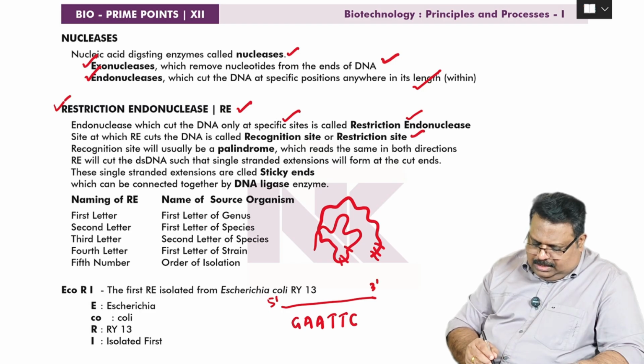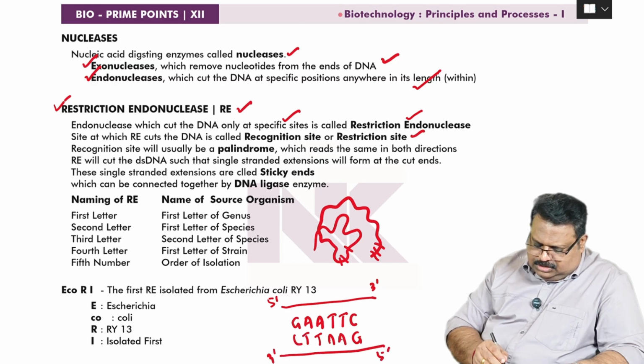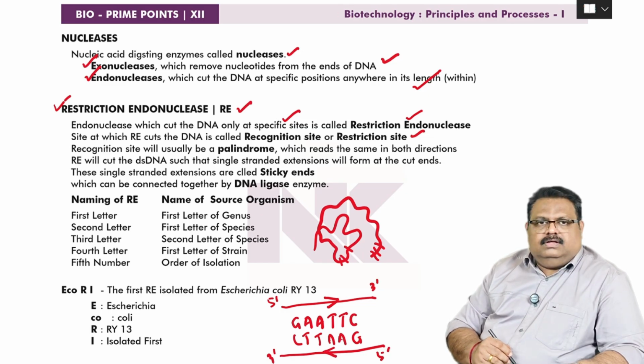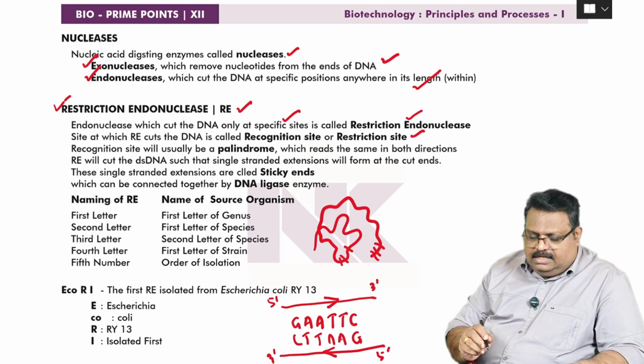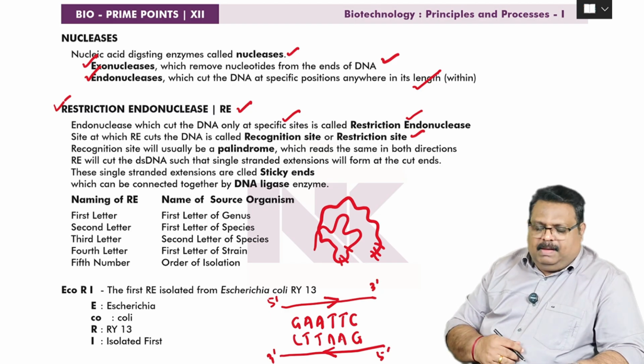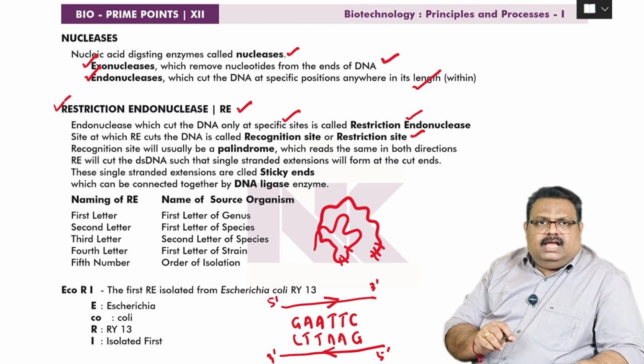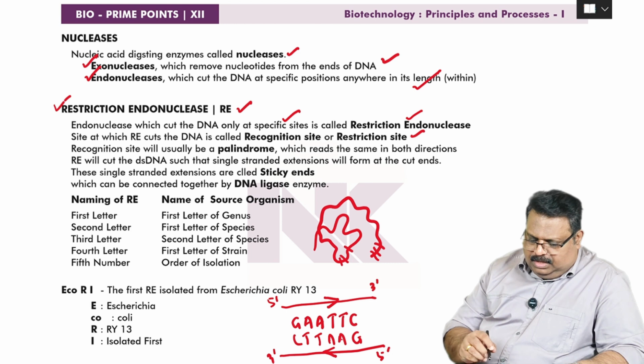So the opposite strand will also be GAATTC, again in the 5' to 3' direction. So in the first strand it is reading towards the right, the second strand it is reading towards the left. So both are reading the same, GAATTC. Okay, this is called a palindrome. So recognition site will usually be a palindrome, which reads the same in both directions.